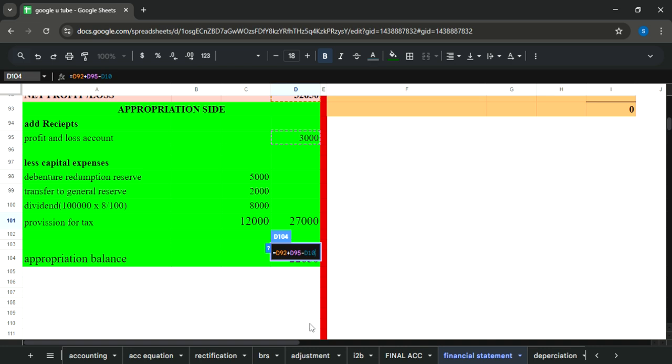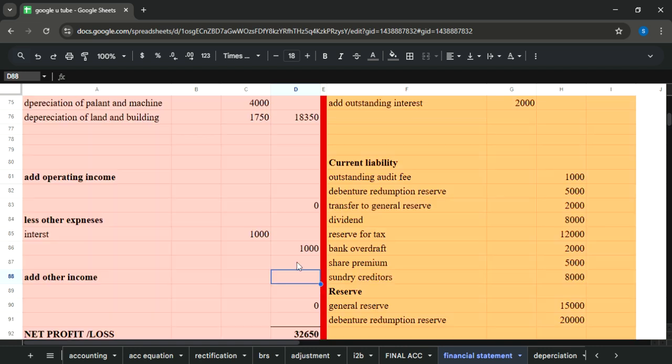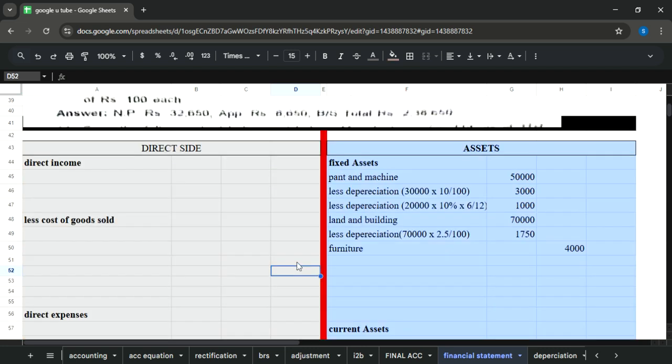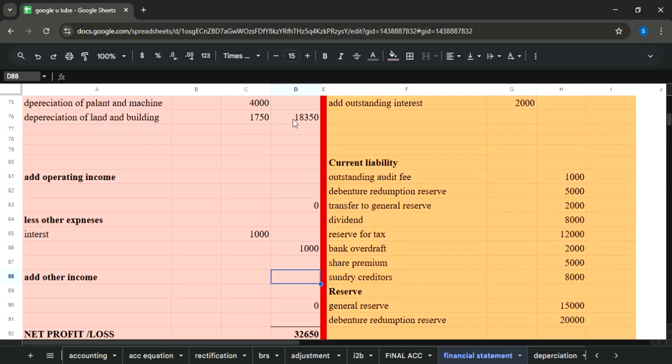Why it is not coming, so we'll have to take it again. This was the sum of amounts. So guys, the balance which we have calculated is 8650. Let's check it out. Now here appropriation balance 8650 is mentioned over here. It means this part is also completed.